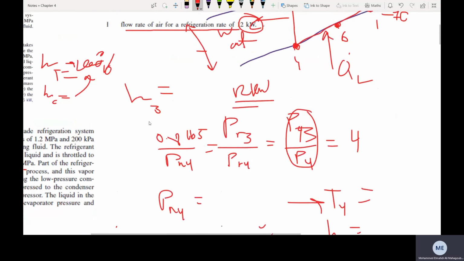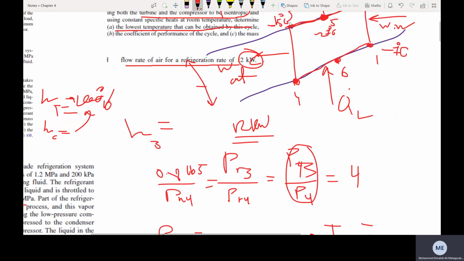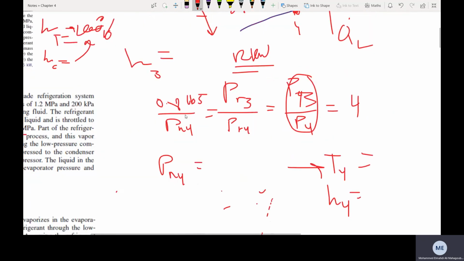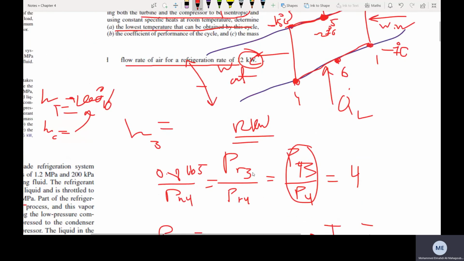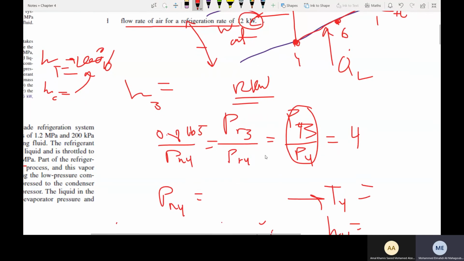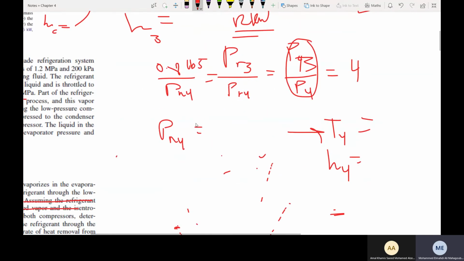This is the good thing about air, because we only care about the temperature. The pressure is only used in the ratios, because the air tables are all functions of temperature. Because we're assuming that air is an ideal gas, its enthalpy, internal energy, relative pressure, relative volume, and relative entropy are all functions of temperature only. So T4, H4, and what else do we need?